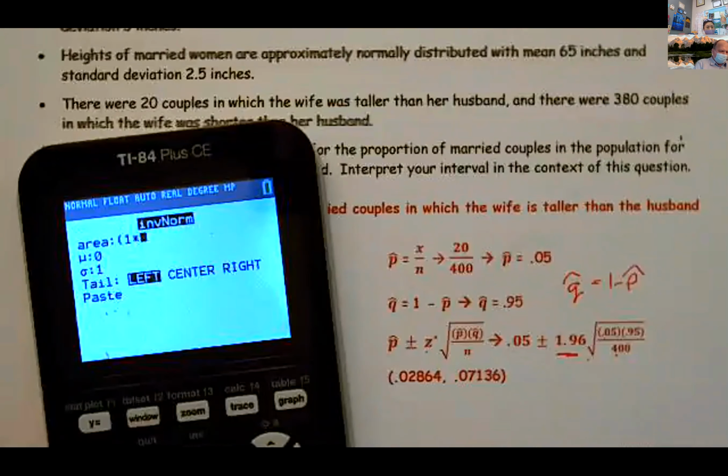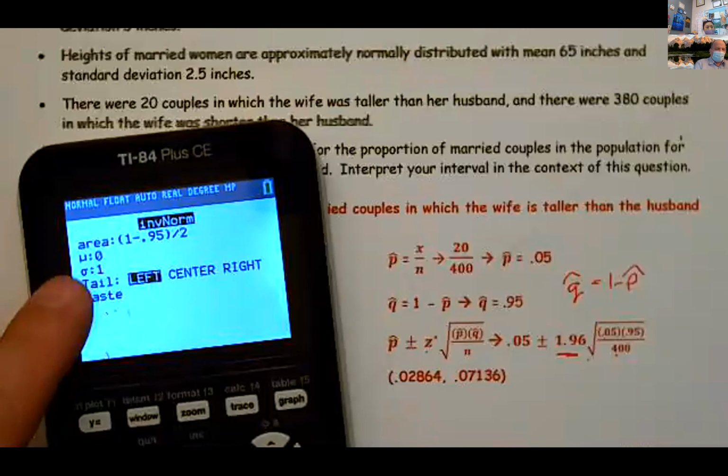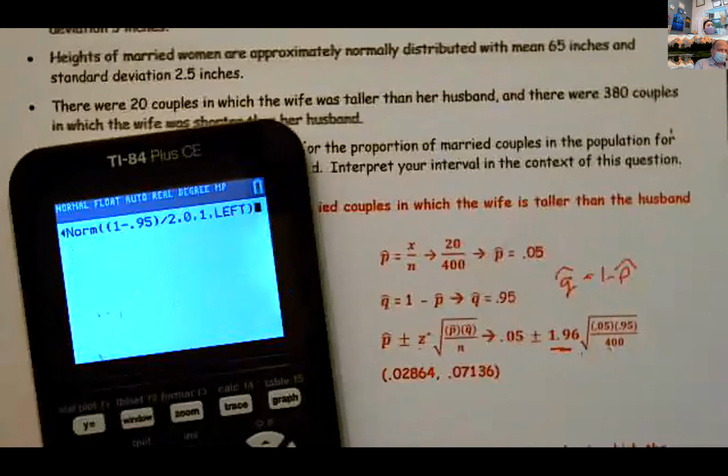Parenthesis 1 minus 0.95 close parenthesis divided by 2. Mean is 0, standard deviation of 1, because we're working with the z-score. And we're always just going to choose a positive value. So we end up getting 1.96.